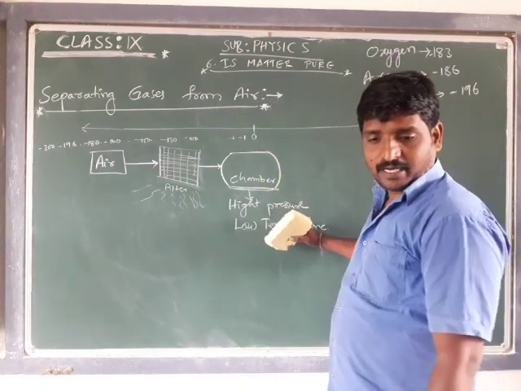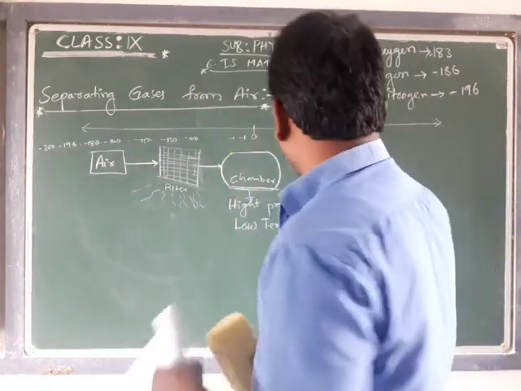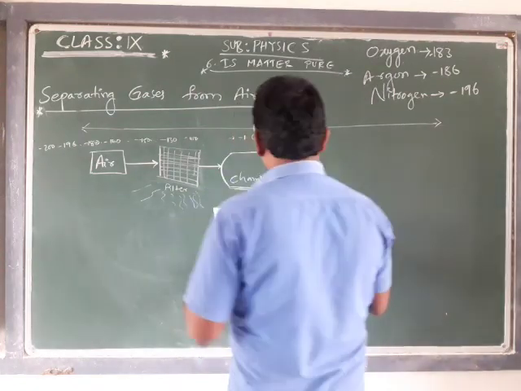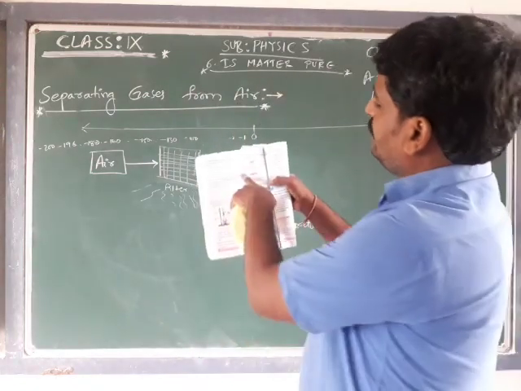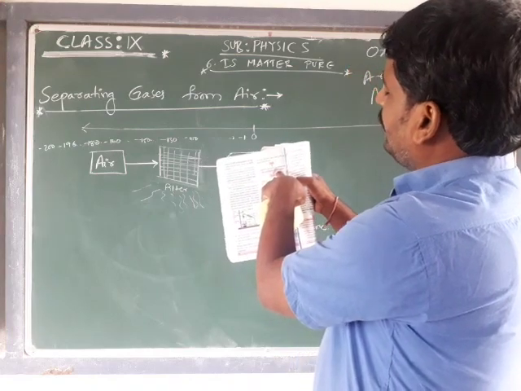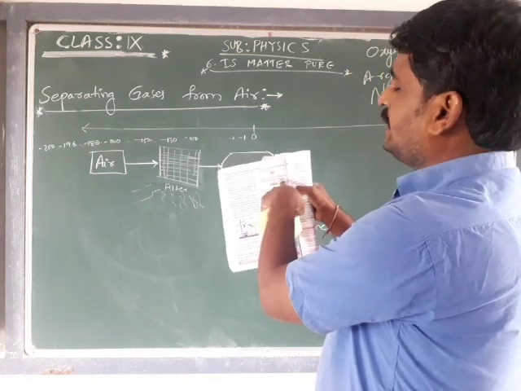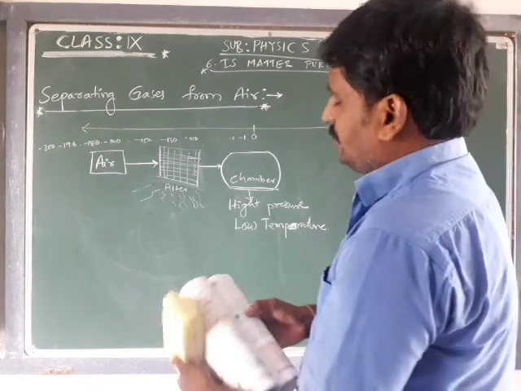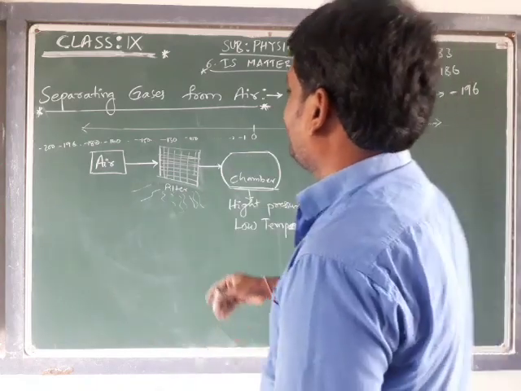We have the explanation here: compress and cool by increasing the pressure and decreasing the temperature. So this is the flow chart we are going to follow.